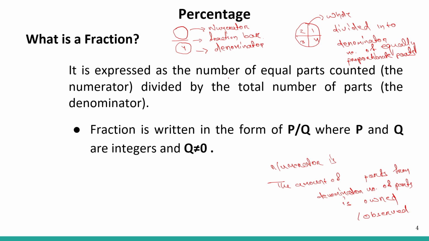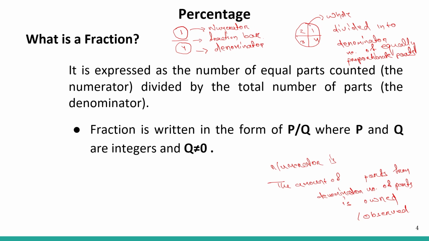So if you have 1 by 4, you have a whole and you divide it into 4 parts: first part, second part, third part, fourth part. The point to be noted is that all the parts are equally proportionate. The numerator represents the number of parts that you have owned or observed.